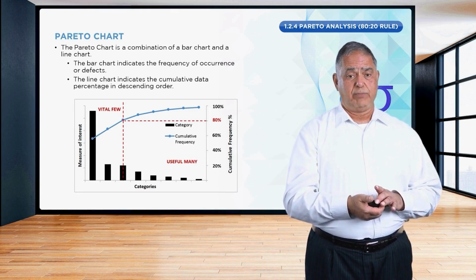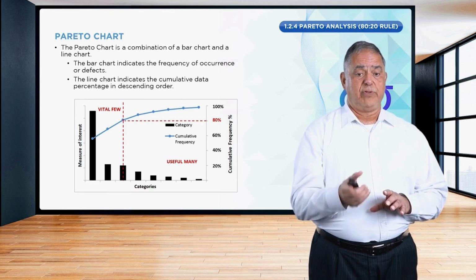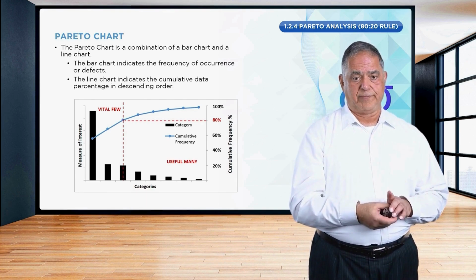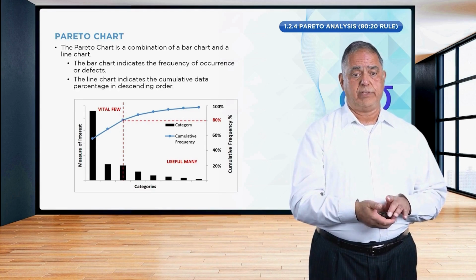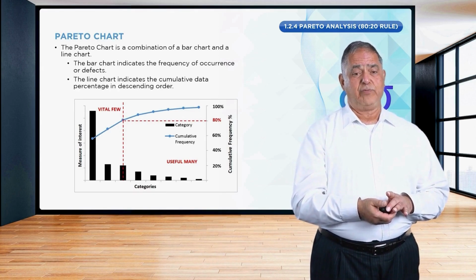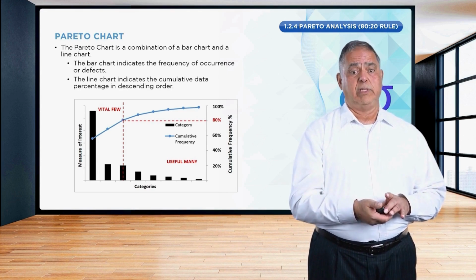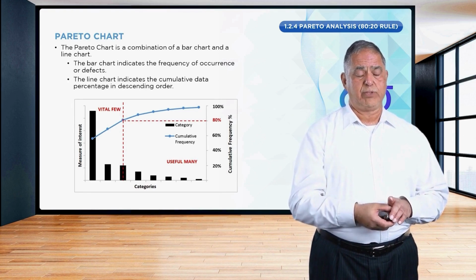And if from that point we go vertically down, we see that we capture the first two categories. This means that these first two categories contribute to 80% of the problem. So if we find the root causes and eliminate them, then 80% of the problem is going to vanish.